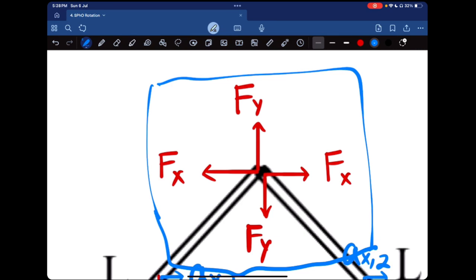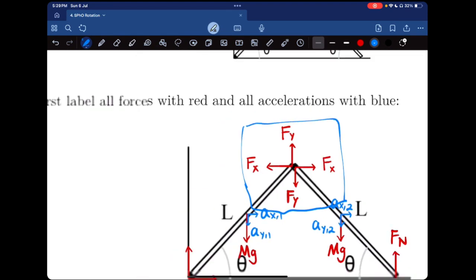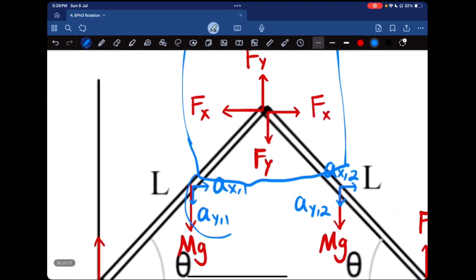Why is Fy for the right rod downwards? Now, this is just a guess, right? So if it turns out that we get negative Fy, then our guess was wrong, and we can just simply flip the direction of Fy. So the direction of Fy for each rod doesn't really matter here. Second thing you might ask is, what are these accelerations here doing?